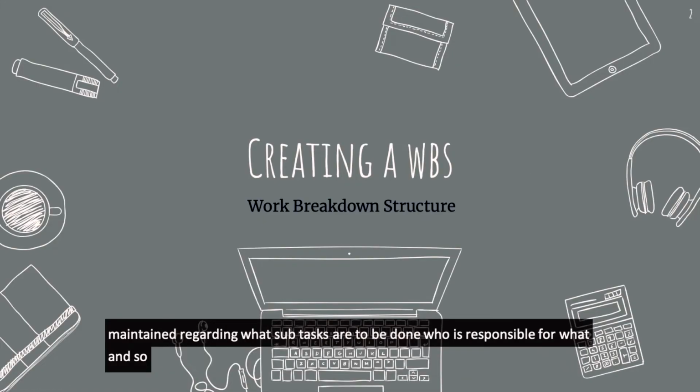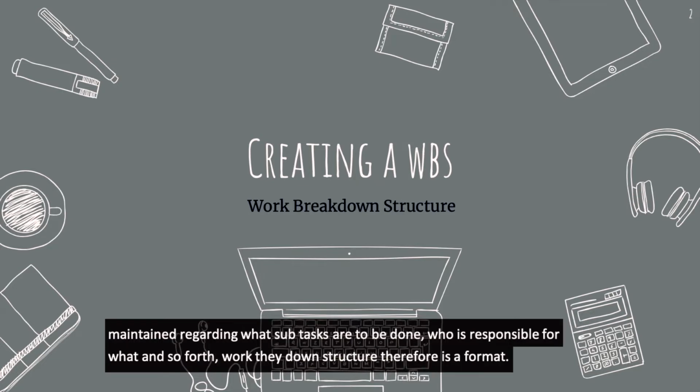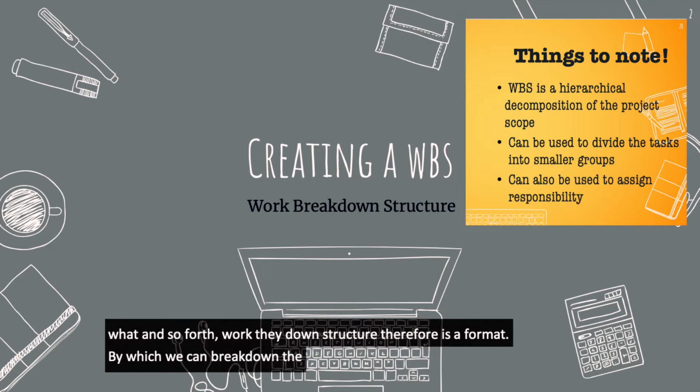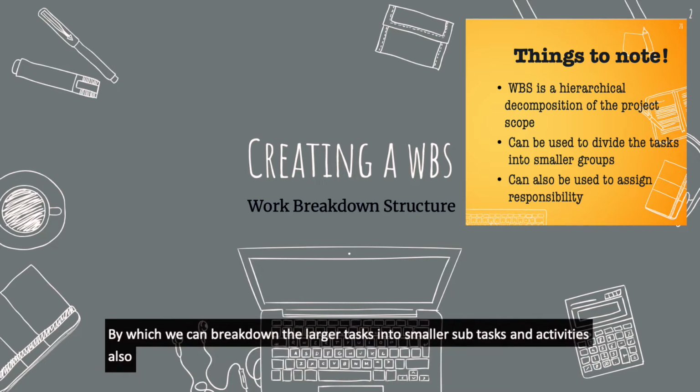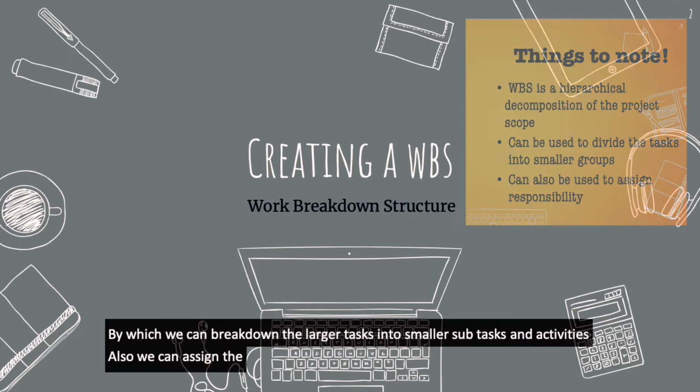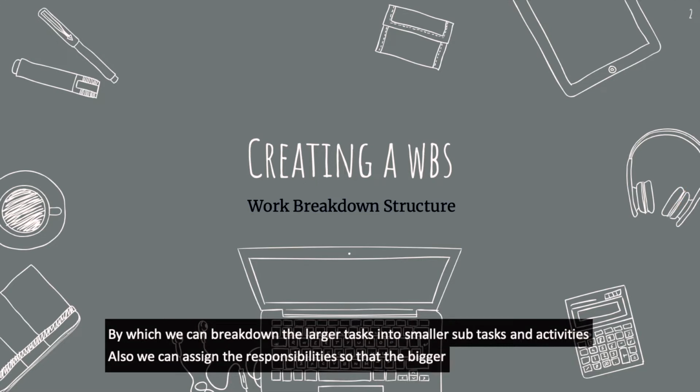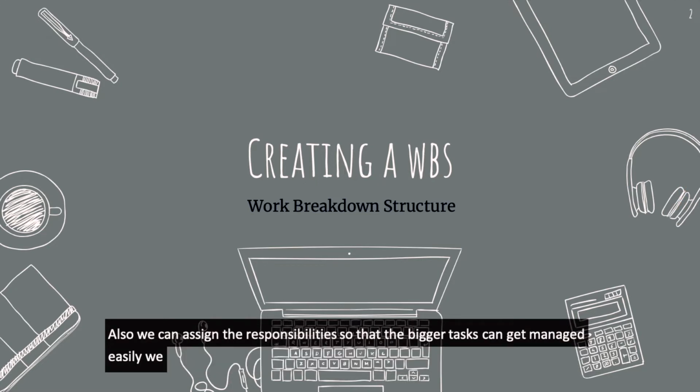A work breakdown structure, therefore, is a format by which we can break down the larger tasks into smaller subtasks and activities. Also, we can assign the responsibilities so that the bigger tasks can get managed easily. We will see how to do this with an example in the next slide.